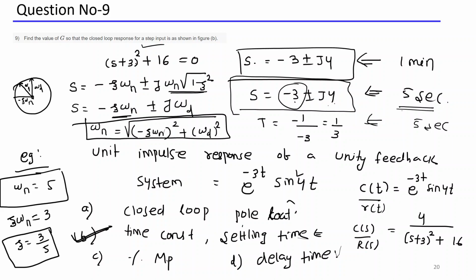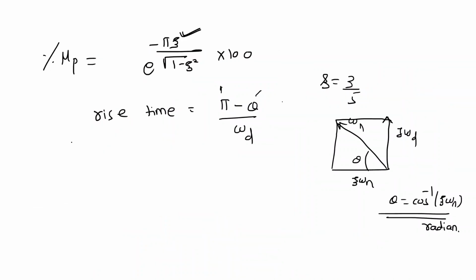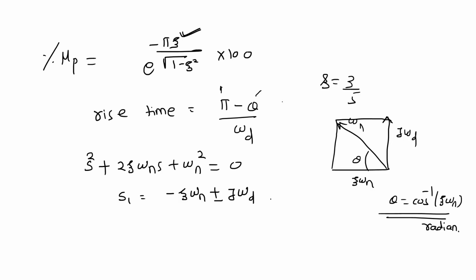This is a second order system, right, sir? So whenever a second order system is given, it means the characteristic equation is s square plus 2 zeta omega n s plus omega n square equal to 0. If you solve this equation, you will get s equal to minus zeta omega n plus minus j omega d. Omega d is your damped frequency of oscillation, which is nothing but the natural frequency of oscillation into square root of 1 minus zeta square.